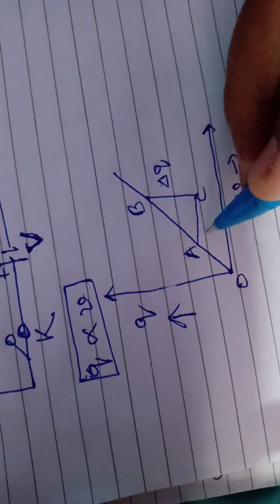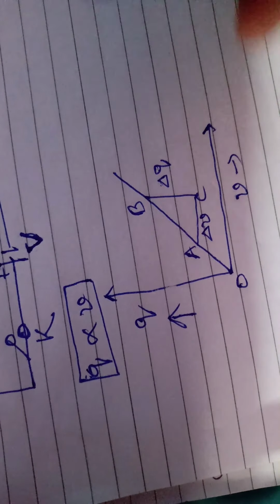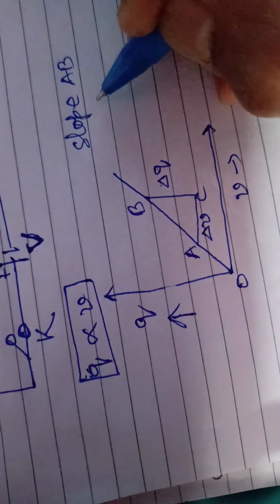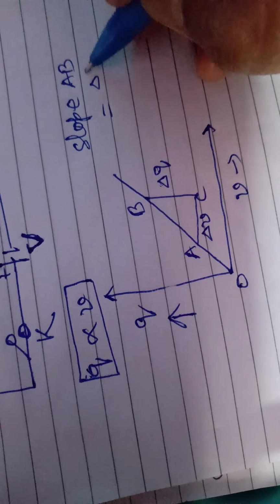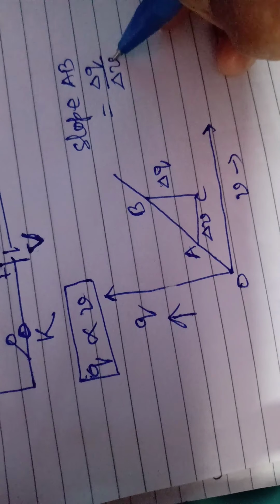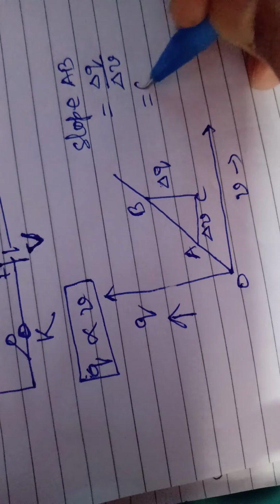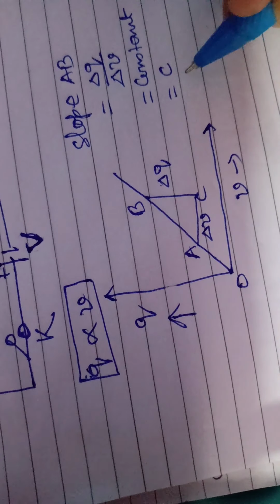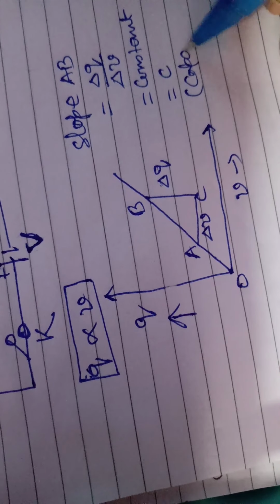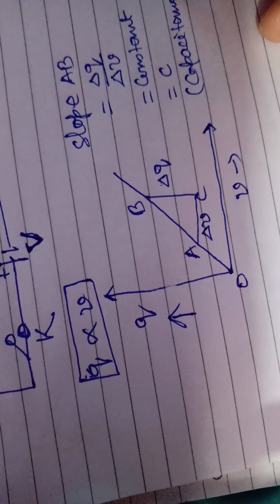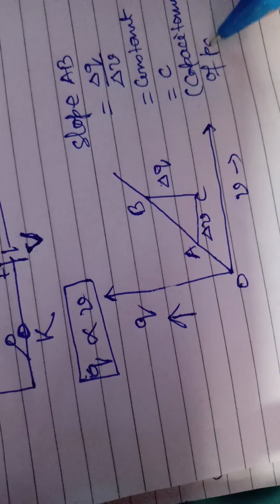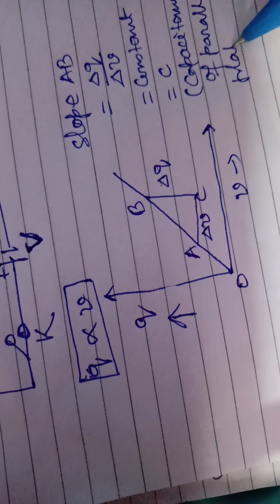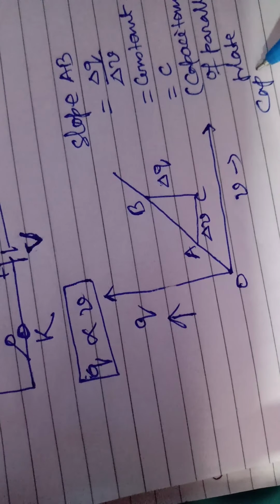Suppose this is delta Q and this is delta V, then slope AB equal to delta Q by delta V, and this is a constant which is equal to capacitance of parallel plate capacitor.